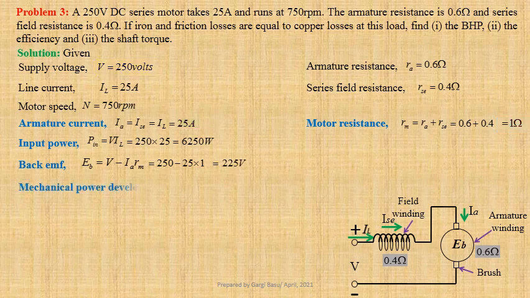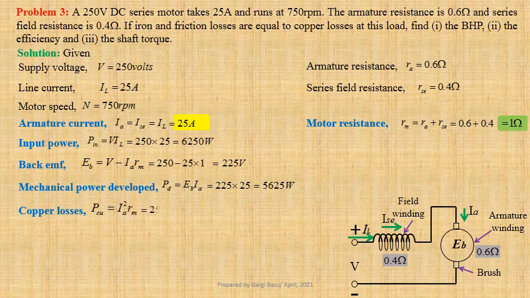Mechanical power developed Pd equals Eb into Ia, that is equal to 225 into 25, that gives us 5625 watts. Copper losses Pcu equals Ia square times Rm, that is equal to 25 square into 1, that gives us 625 watts.